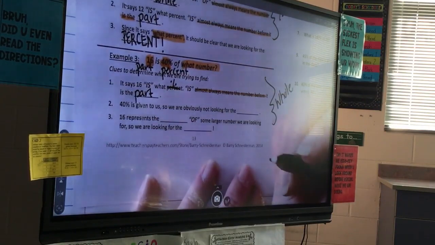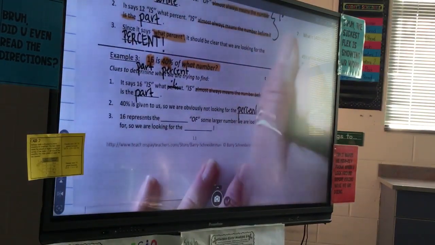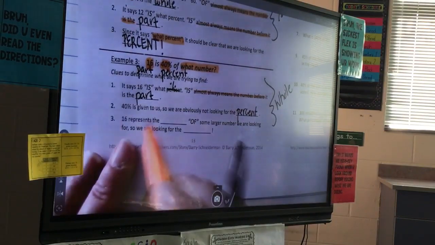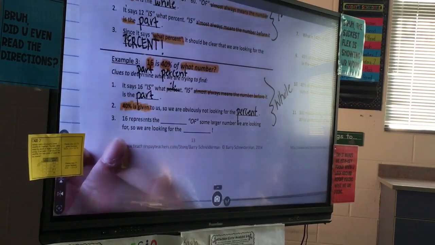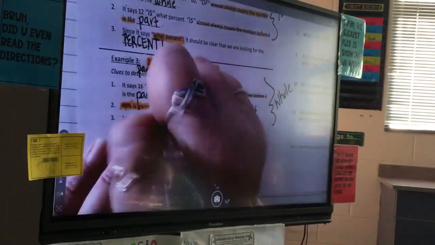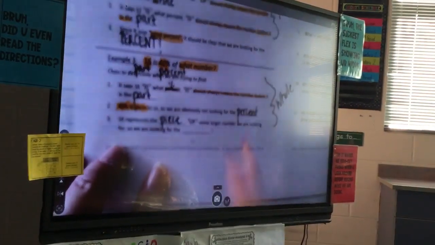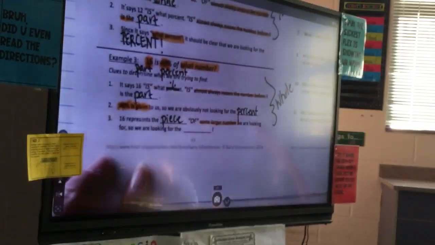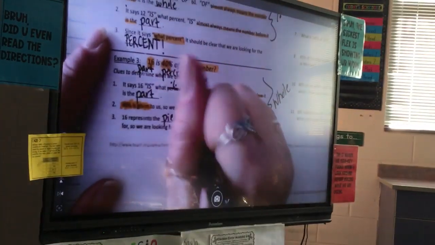The percent. And then 16 represents the piece of some larger number we are looking for. So we are looking for the whole.